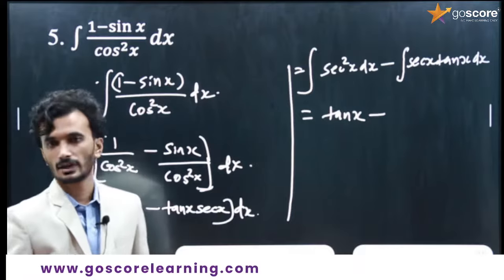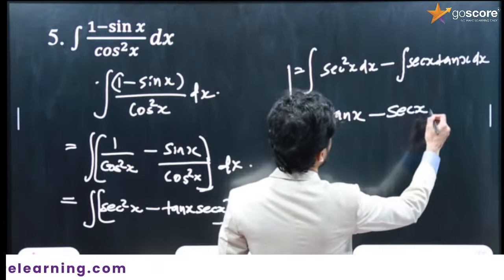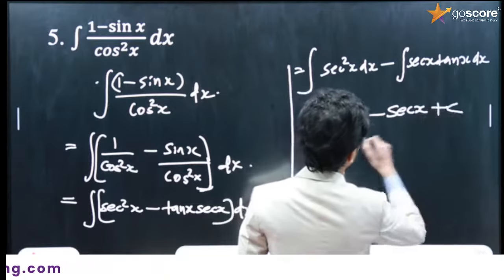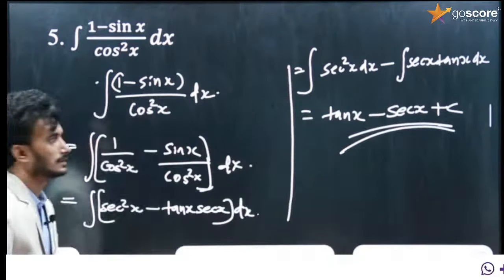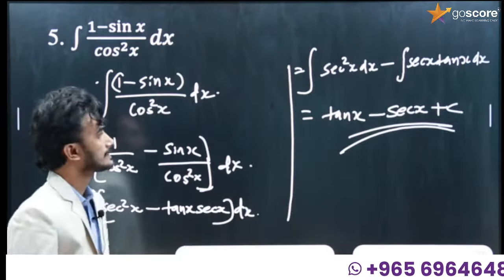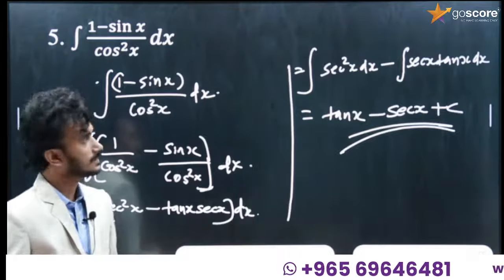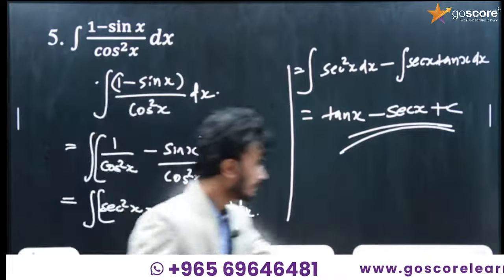The integral of sec x into tan x is sec x plus c. So this will be the result. The integral of 1 minus sin x divided by cos square x dx is equal to tan x minus sec x plus c.